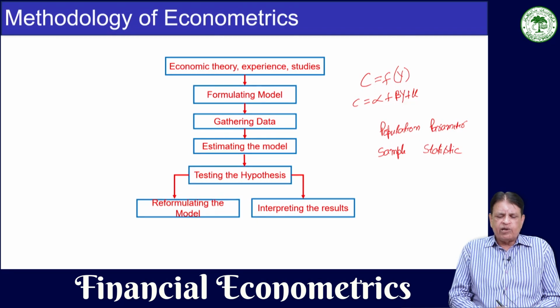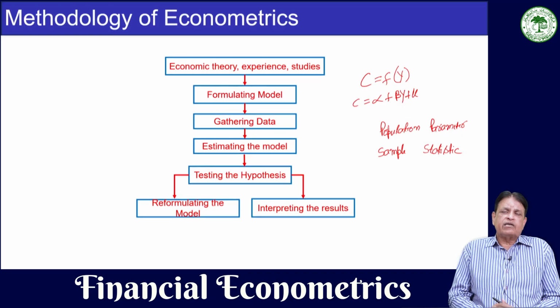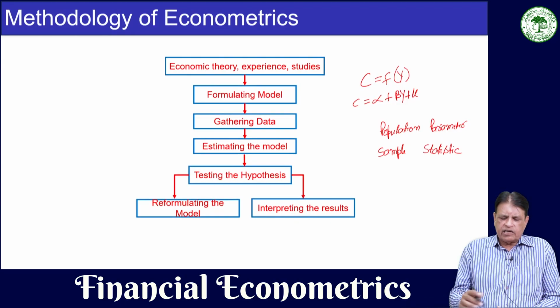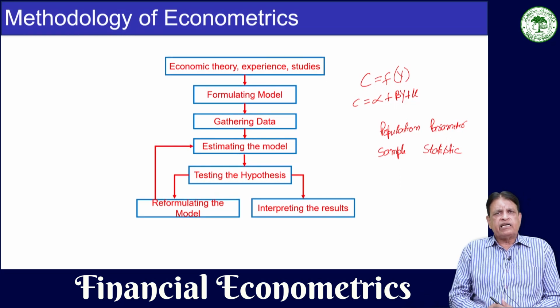So, we again look at the formulation and specification of the model, and decide the variables to be included, which will be the dependent variable and which the independent variables, and what will be the form of the relationship. We relook at all these things and reformulate our model, and after reformulating the model, we again go for the data.